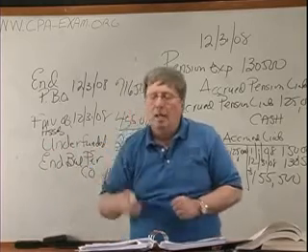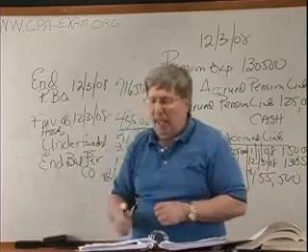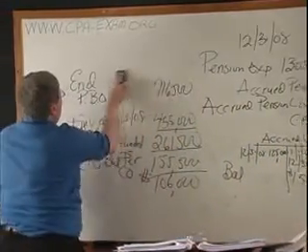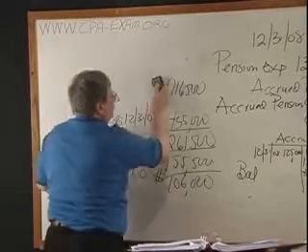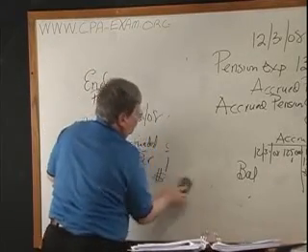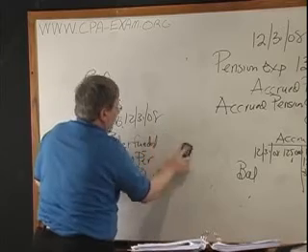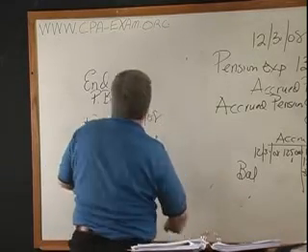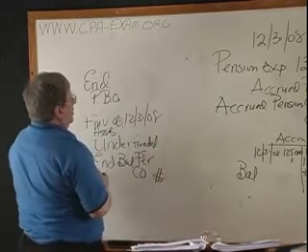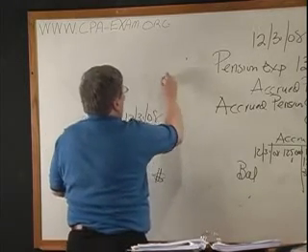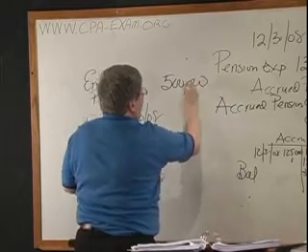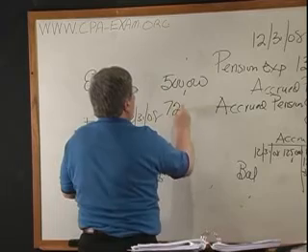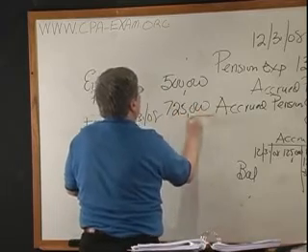Now, let's assume that the plan was the opposite. Let's assume the ending PBO was $500,000, and the fair market value of the assets was $725,000.